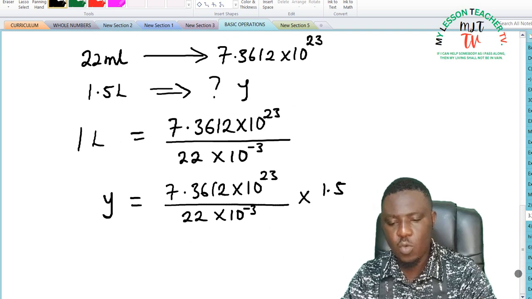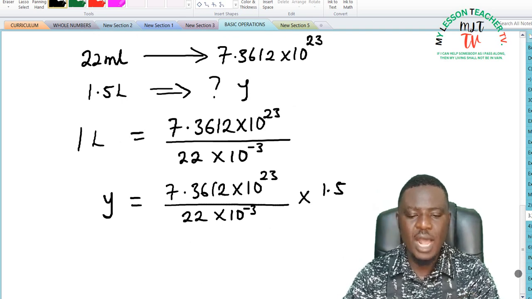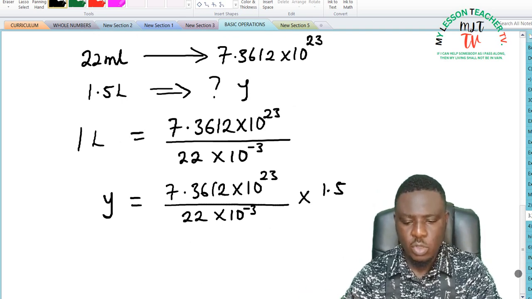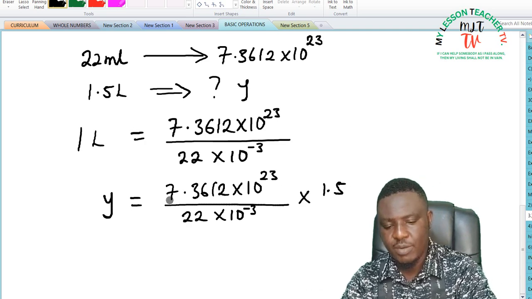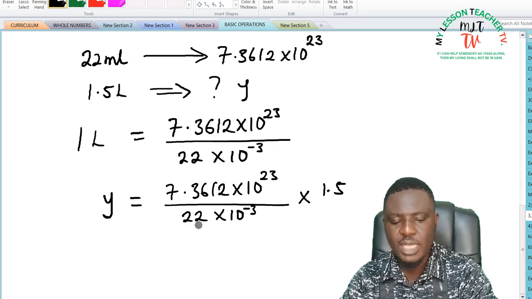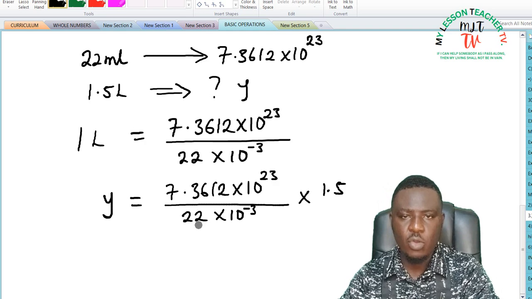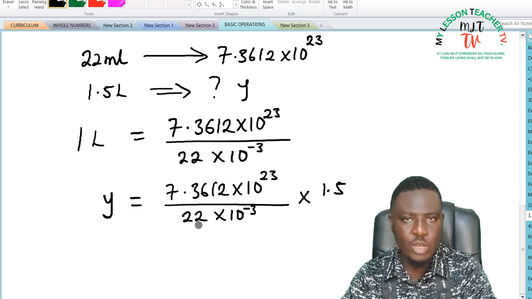This will give us the quantity of molecules we will have in 1.5 liters. So you may decide to simplify this by solving what you have in 1 liter before you multiply by 1.5, or you go straight ahead to multiply together. Whichever way you go about it, you still arrive at the same answer.